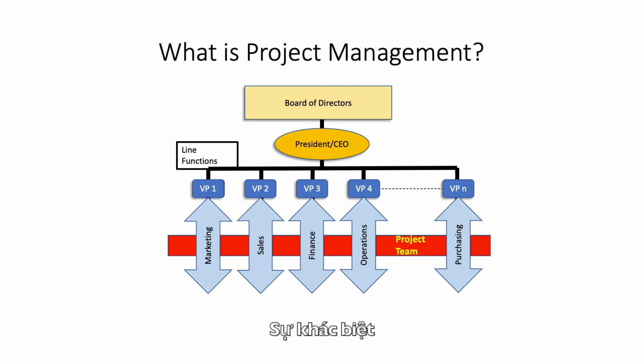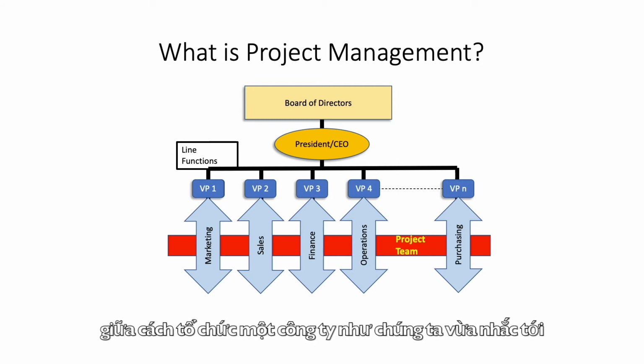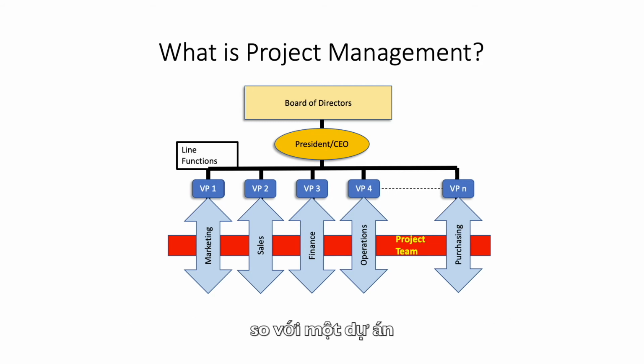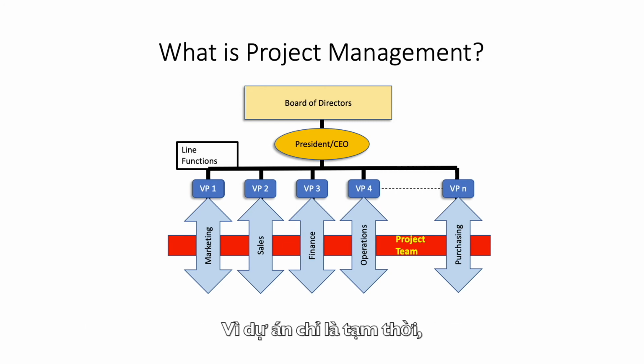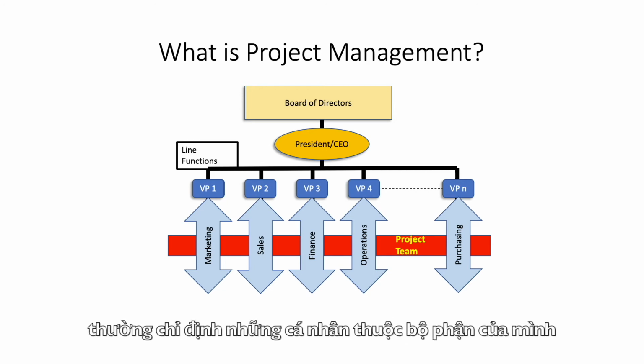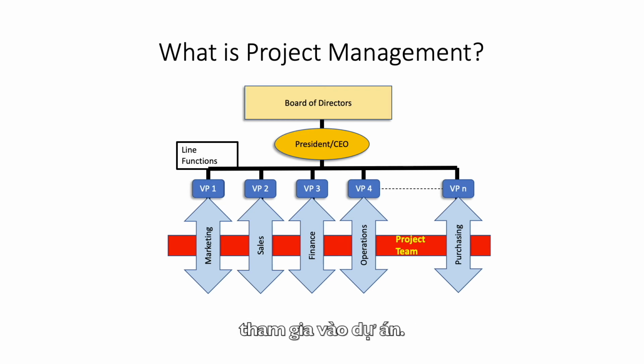Now, the difference between a standard company organization, as we defined, and a project is that the project includes expertise, usually from a wide variety of line functions. So since a project is temporary, each line function vice president normally assigns individuals within their organization to work on the project. Those individuals report on a temporary basis to the project manager.